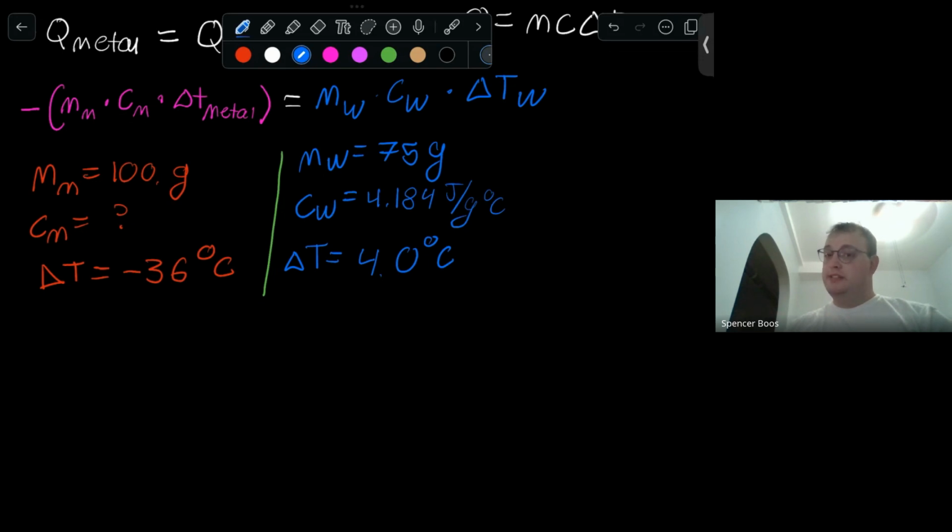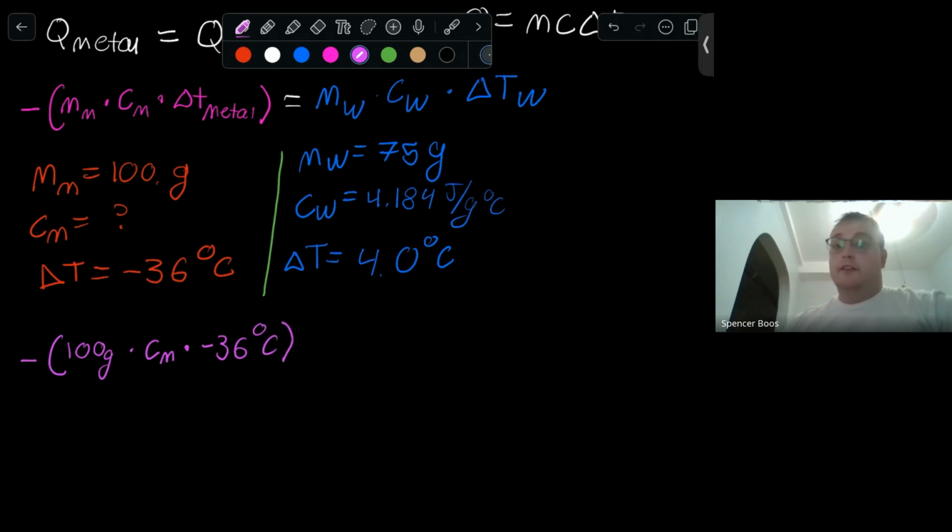Now, we've got a lot of values here, but the bonus is that we've already got them sorted. All we need to do is plug them in. Observe. We've got the negative 100 grams times C metal times negative 36 degrees Celsius, and this is equal to 75 times 4.184 times 4.